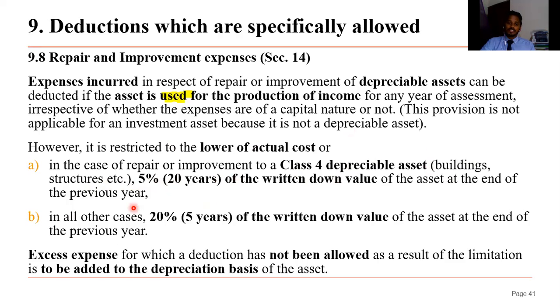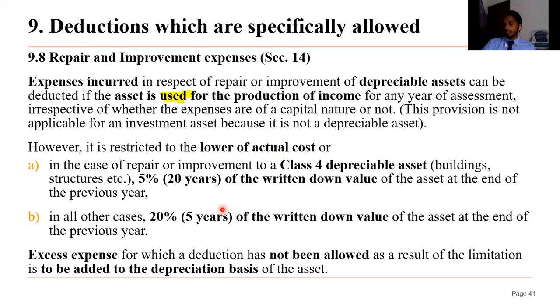Let's say we are in 19/20. Now you need to check 18/19 WDV, then determine the 5% of WDV and the actual cost incurred. Then you need to determine how much you are allowed to deduct as repair and improvement expenses.